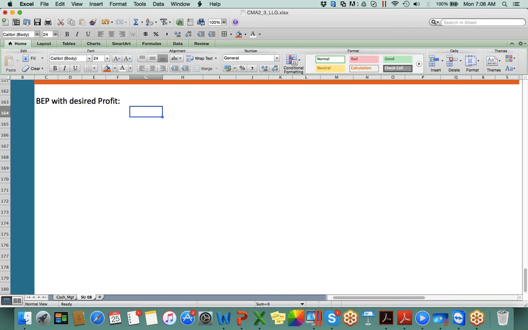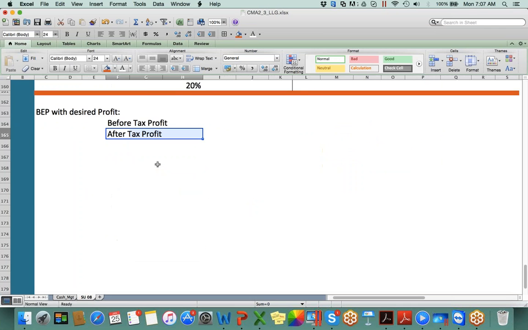You should ask very clearly whether it is after-tax profit or before-tax profit. So look for this in the question, please. When the question asks for break-even point with the desired profit, you always look for before-tax profit or after-tax profit, and units or dollar amounts. You know the formula now, units and dollar amounts.